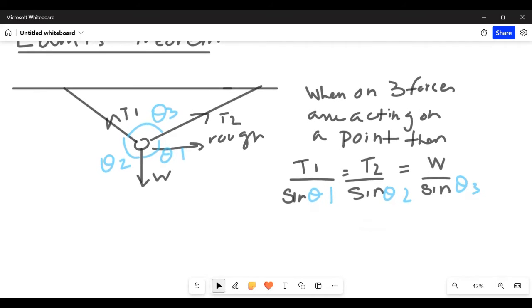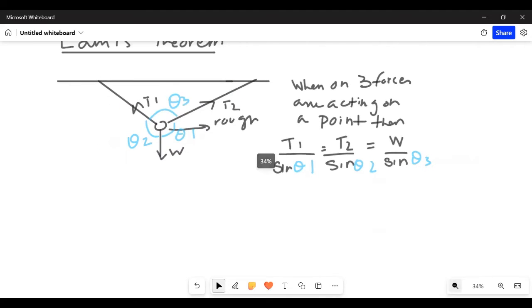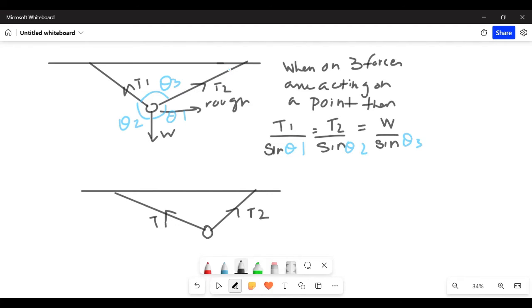Lastly, you would need to resolve the tension into its components. So let's say this is T1, this is T2, and you're given this angle, let's say 30, and let's say 40, for example.